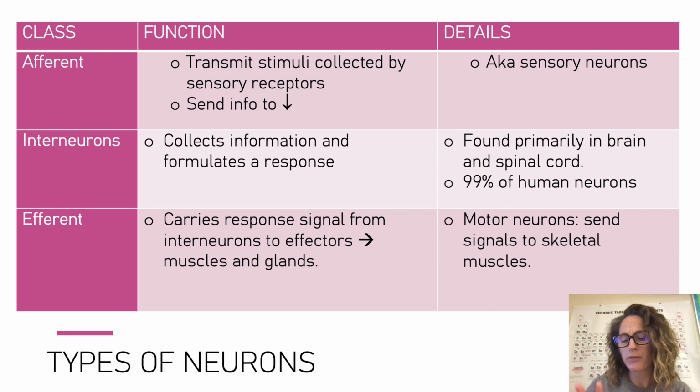There's a little bit of a rule that kind of goes against that when we talk about reflexes. So efferent neurons are called motor neurons, and they send signals to skeletal muscles. And glands as well, which we'll talk about a little bit later in the unit.